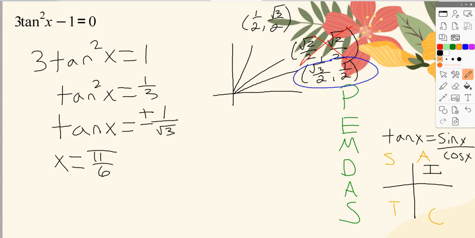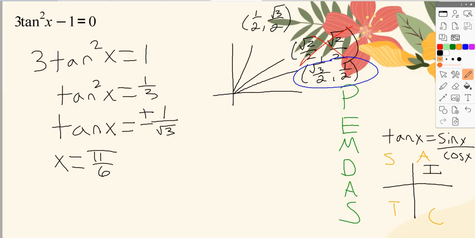Sine is positive in my second, which means that if cosine is negative, and I divide those, tangent will also be negative here. But sine and cosine are going to be negative in my third quadrant. So if both of these are negative, what ends up happening? The whole thing is positive, right? Because they reduce and you just get a positive. And then cosine is positive in our fourth. Are we okay with that?